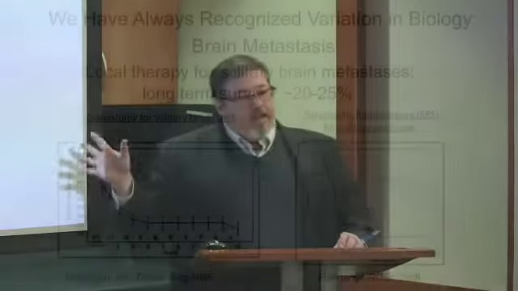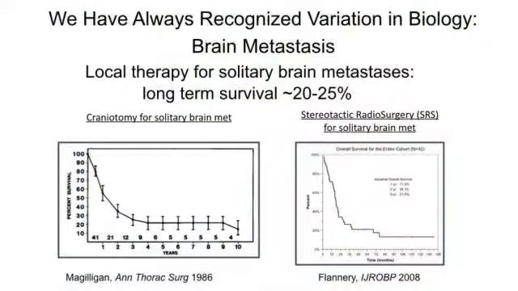Really, traditionally in the field of oncology, most of us have been taught that there's a binary, or essentially a binary, division between localized disease and stage 4 or metastatic disease.